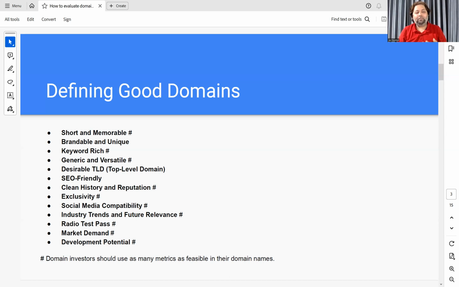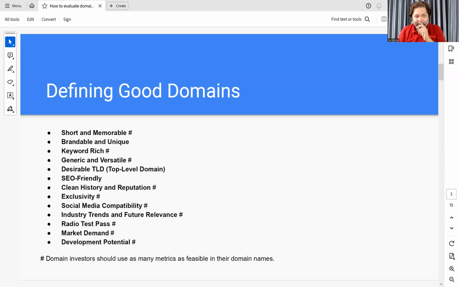Social media compatibility means, if I have holidayOn.com, there are very few chances somebody has a page with this particular name. And this is from the perspective of branding. This rule doesn't apply to exact match domains or keyword domains, because for EMD domains, nobody checks social media pages or Twitter or Instagram handles.